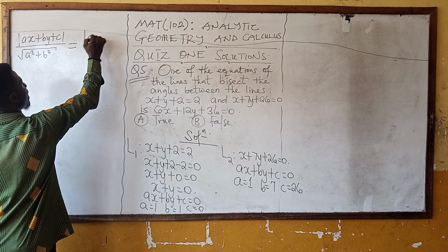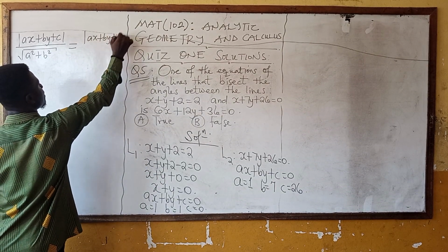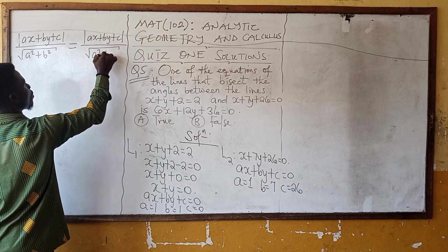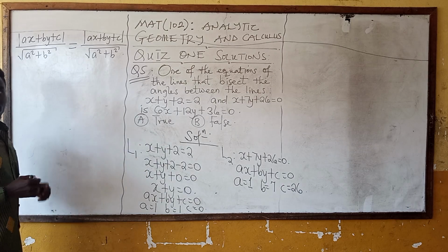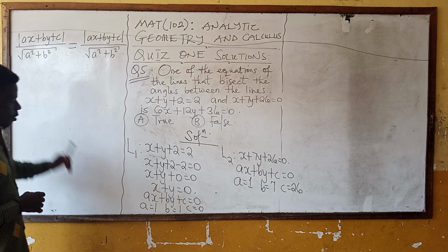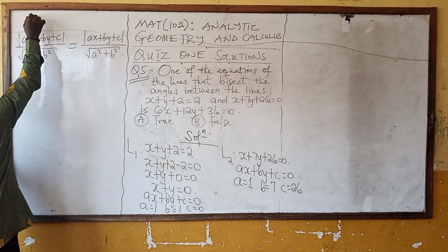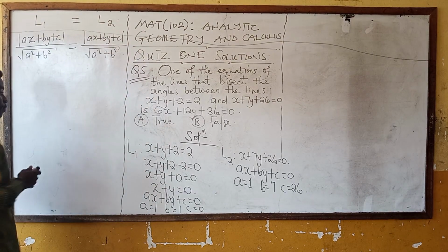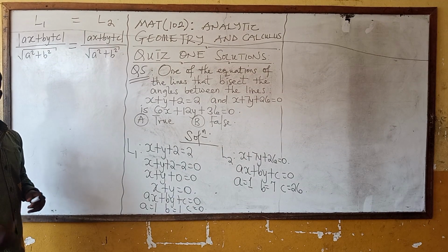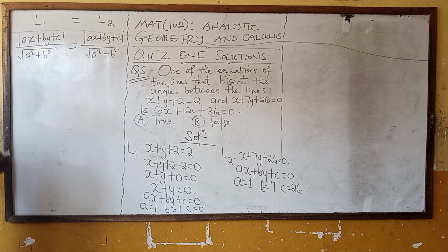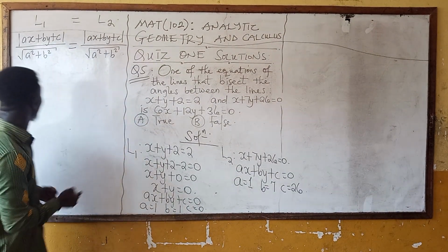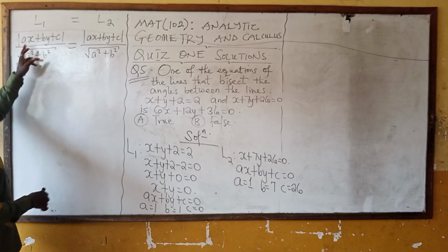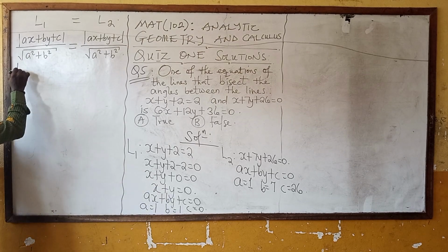So we get ax plus by plus c divided by square root of a squared plus b squared. Now, let's tackle L1. This one is L1, then this one is L2. I can start with my L1, which is the absolute of A is 1, so 1 multiplying x, we obtain x.